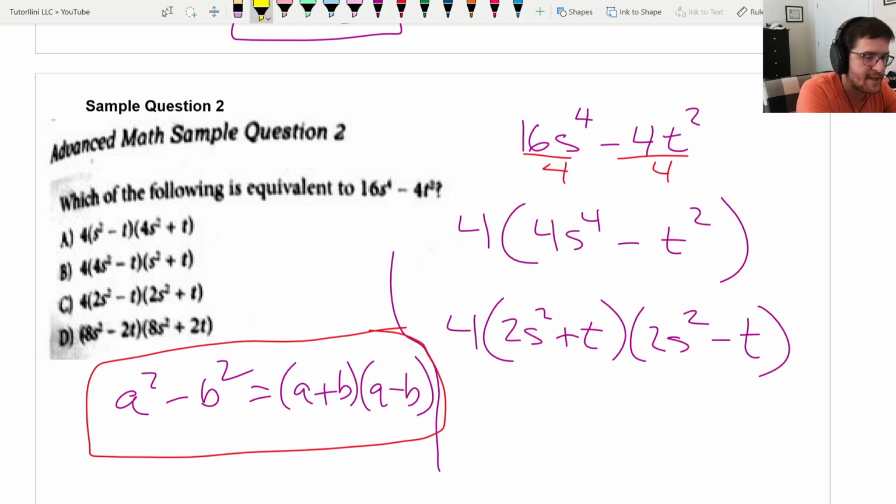The fact that they're both squares and the fact that there's a minus sign in between them tells us that this is what we're supposed to do. Okay, so let's see. Is that an answer choice? I hope so. Yeah, it looks like just a little bit rearranged from C, which is correct.